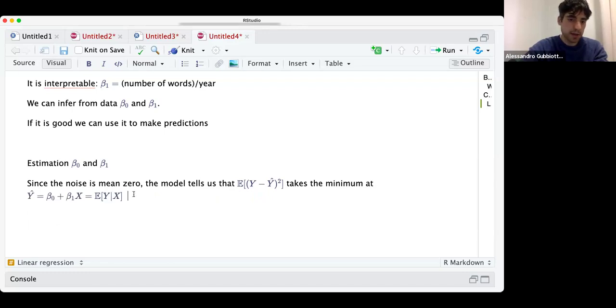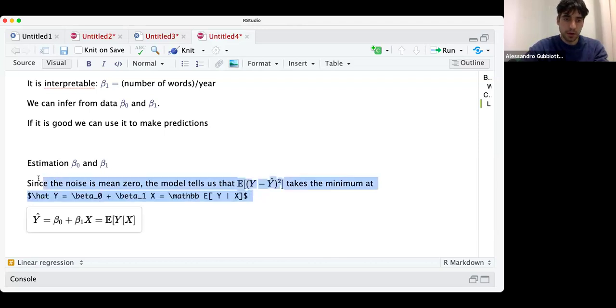It is a function of x because we observe x, then the distribution changes and the mean changes. So it depends on x. This is a consequence of the model.